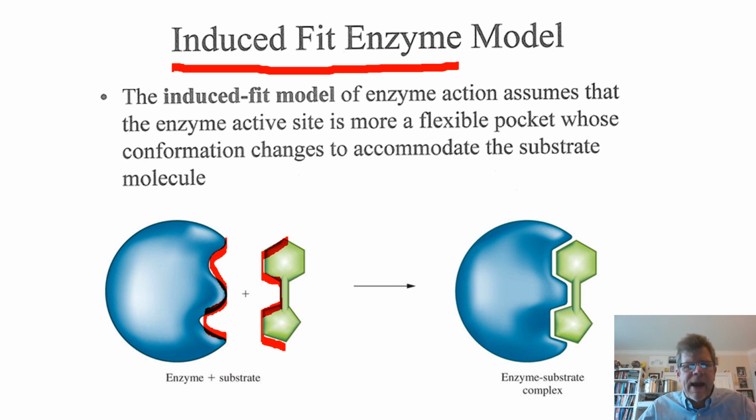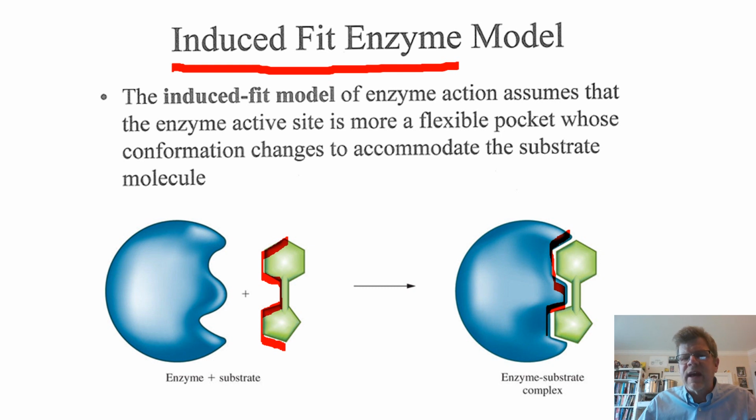And what ultimately happens is that the enzyme active site has enough of a contour to it to initially accept the substrate, but once the substrate is bound to it, it alters that topography to better accommodate the substrate.